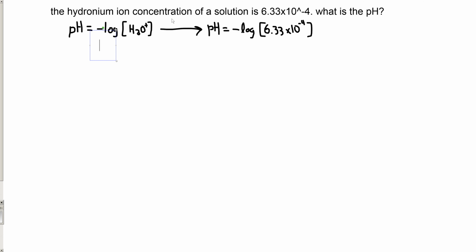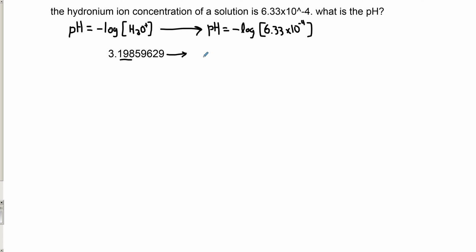Not a clean number, but remember, since we have 3 sig digs in our H3O concentration, that means we will have 3 digits in the decimal places. So it's the decimal places again that matter. So it'll be 3 point.